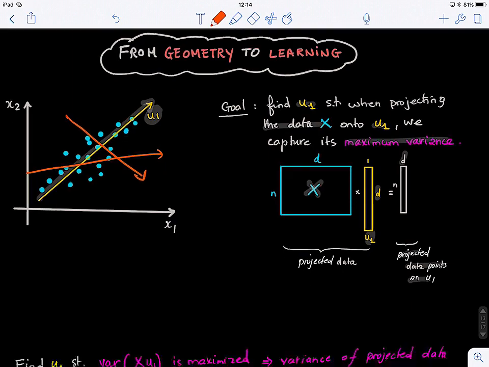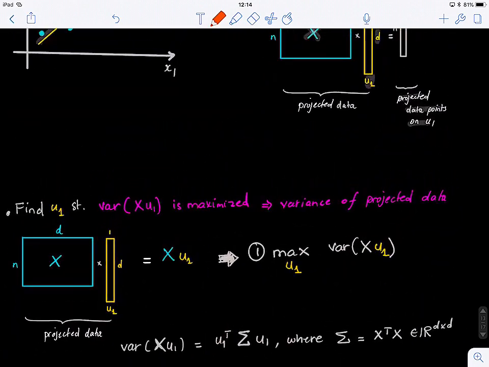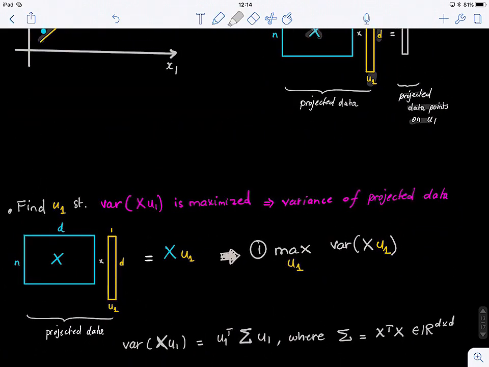So how to formalize that? The first thing is, to find this u1, we need to maximize this variance. If you guys remember, machine learning is all about finding the optimum, whether it's a maximum or a minimum. So we're going to formalize it as an optimization problem, okay?